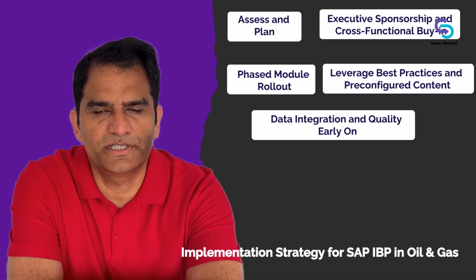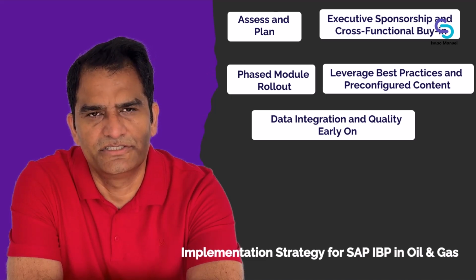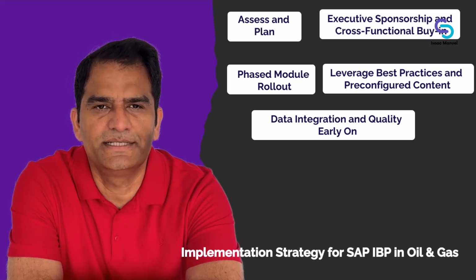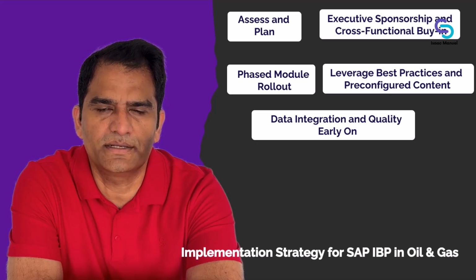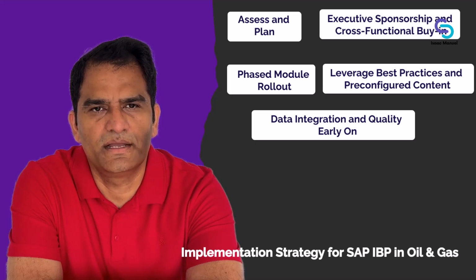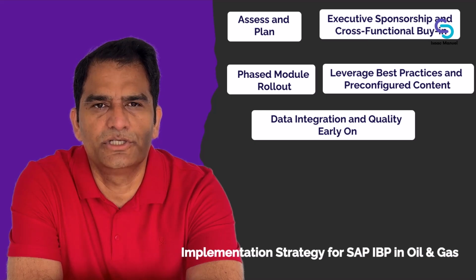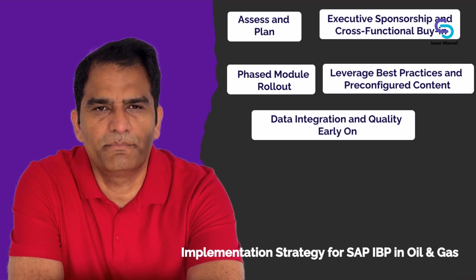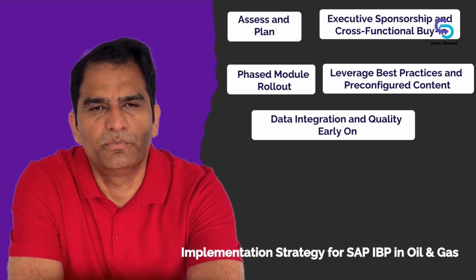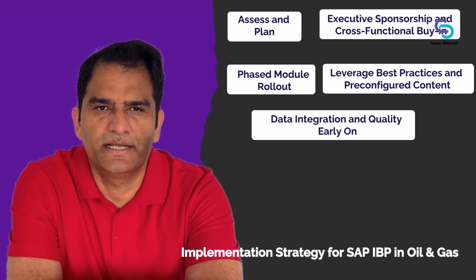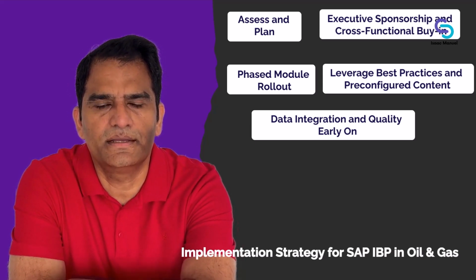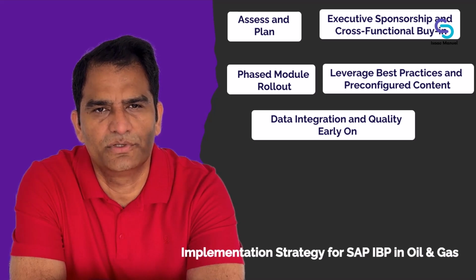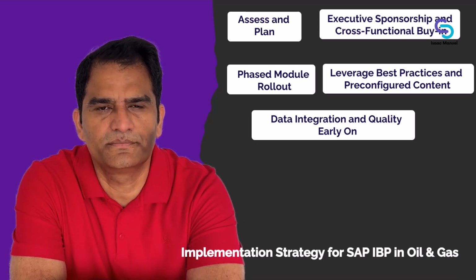Address data quality issues such as inconsistent product codes or missing lead times upfront. Setting up automated, reliable interfaces, often via SAP Cloud Integration, CPI-DS or SDI, is critical so that planners trust the IBP outputs. In short, clean, timely data integration is the backbone of a successful IBP deployment.